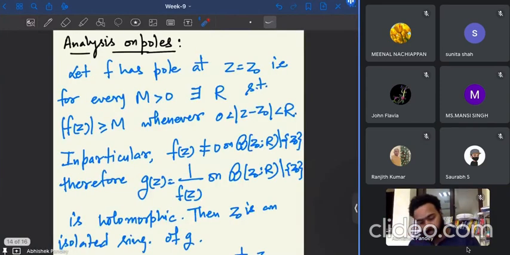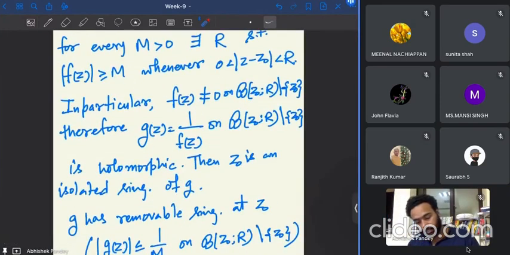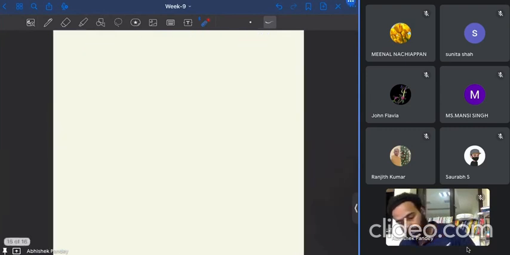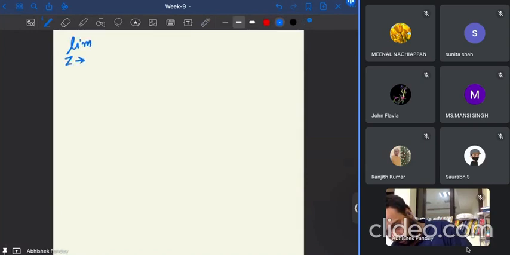Also, one can verify that the limit as z tends to z naught of g(z) is 0.